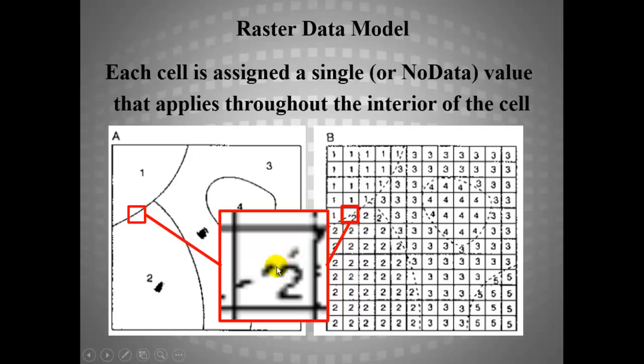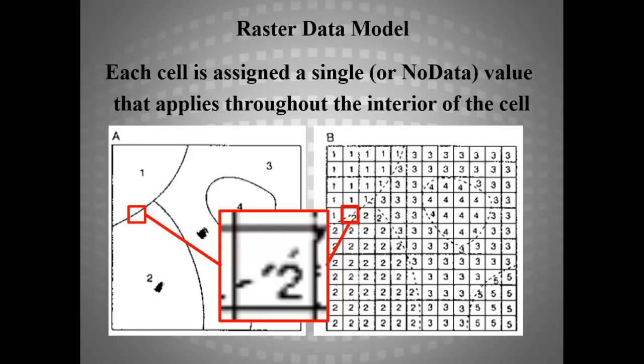So in this case the cell takes on the value of 2, and generally that might happen when more of the area is occupied by what would be 2 in the vector world than what would be 1. Sometimes you can average the two together, so maybe the value that would be put in here would be 1.5. But if you're looking at categorical data, let's say this is forest cover 1 and forest cover 2, if you do an average, 1.5, you don't know what kind of forest cover that is.